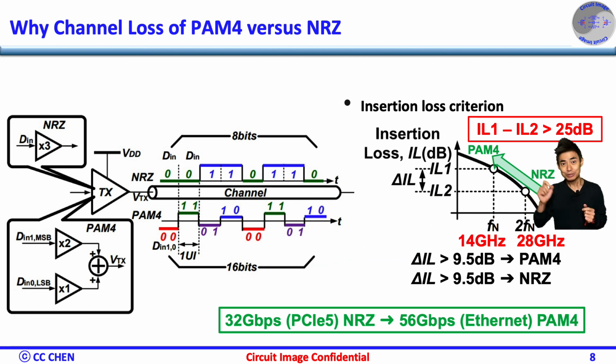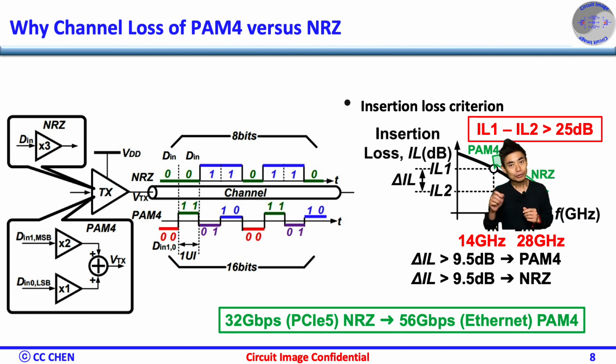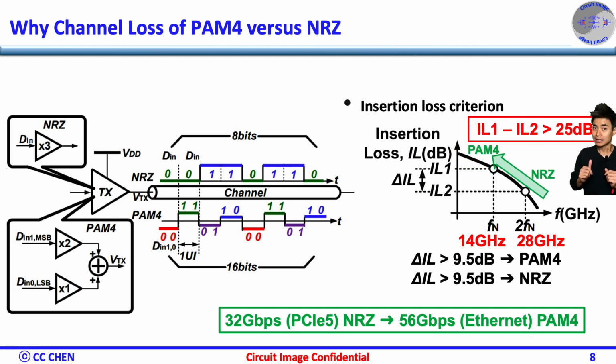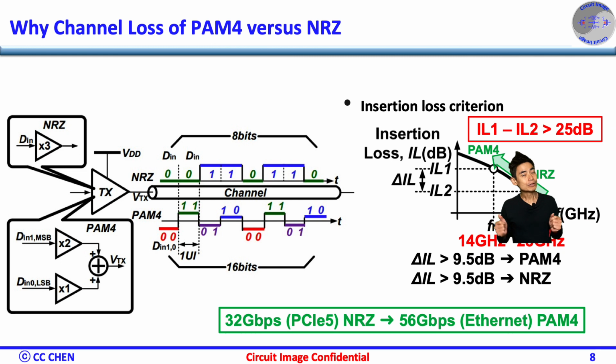Obviously, the insertion loss difference between 28 GHz and 14 GHz is at least 25 dB. So even though the PAM4 SNR will degrade 9.5 dB due to the 1/3 voltage swing versus the NRZ swing, PAM4 is still a better choice.